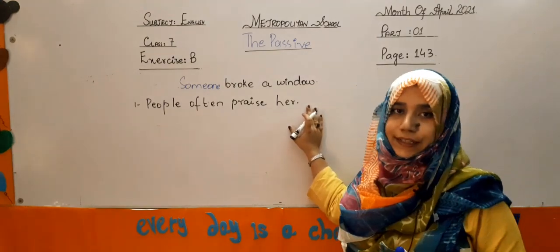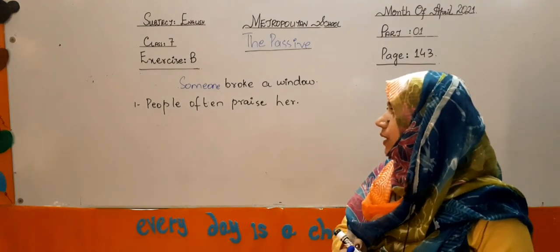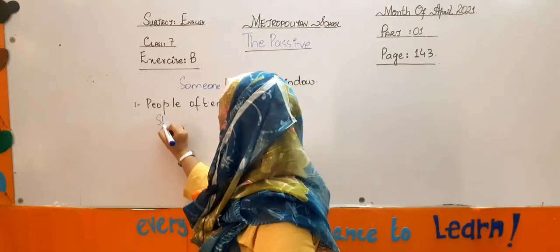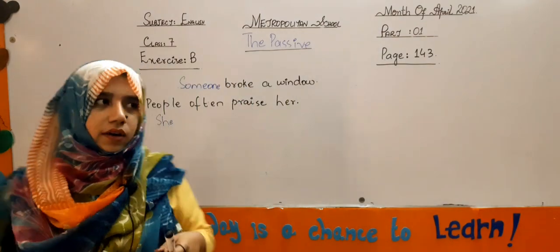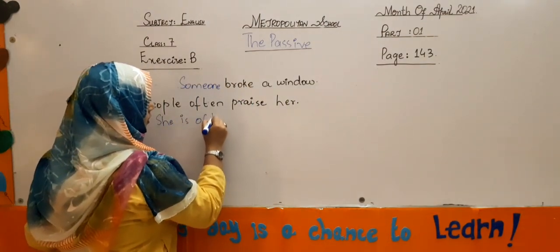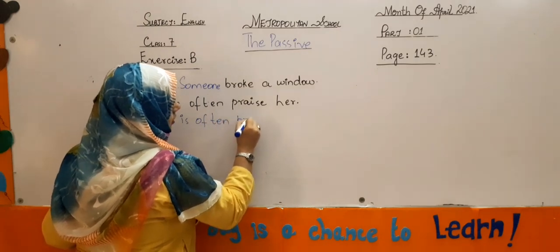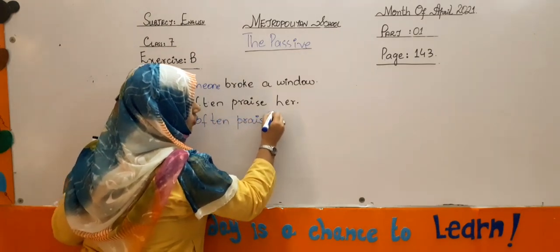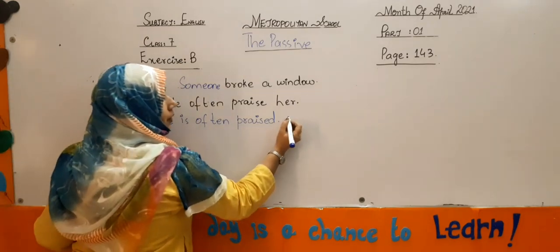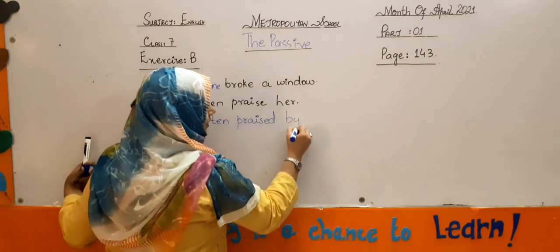While changing into passive voice, what you will have to do is her is changed into she. She, as I already told you, the change of tense, so: she is often praised. There is no need to write "by people" here. There is no need to write it.